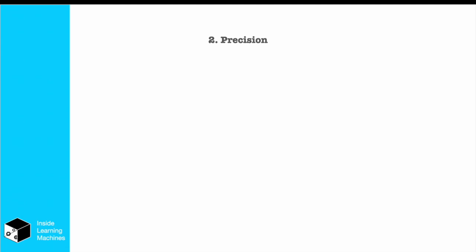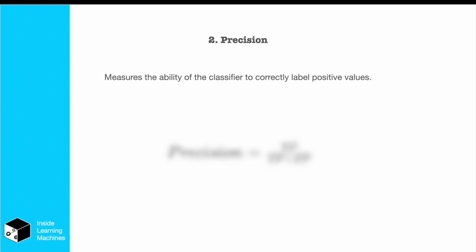So the second metric we can talk about is precision. Now, precision measures the ability of the classifier to correctly label positive values. We can take a look at how to compute that. So that's just the number of true positives divided by the sum of the true positives and false positives.